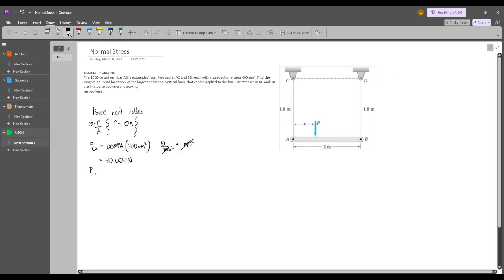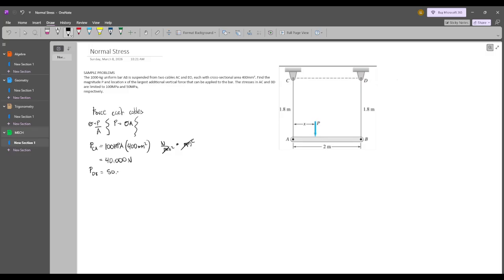Now for P_BD, you get 20,000 newtons. There, we've solved all we need from each of these cables.